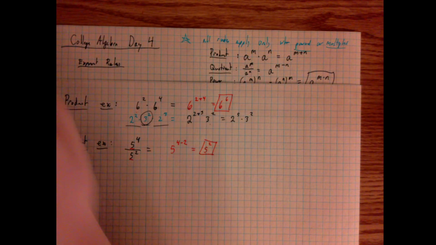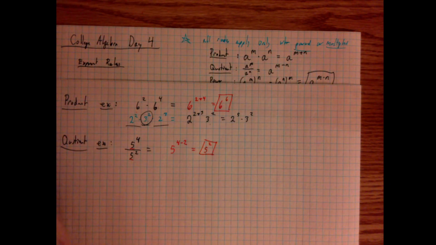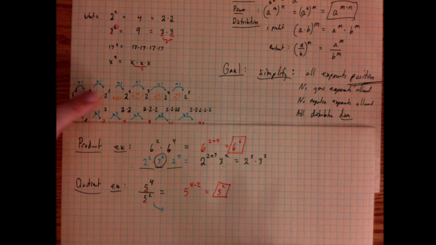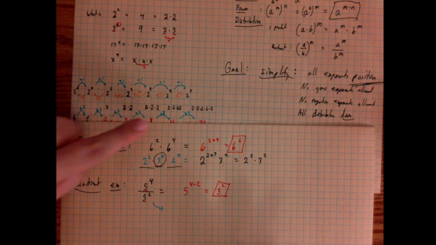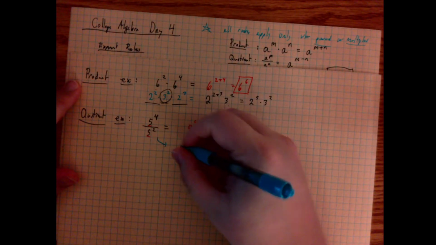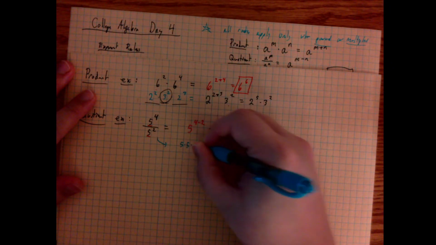Now, how do we know that's right? If you believe the rules, great, but if you don't believe the rules, let me showcase how to do it a different way. This time I do the exact same problem, but now I'm going to use that rewrite property, where I can take a power and rewrite it as multiple different pieces. So let's take a look. 5 to the 4th would be 5 times 5 times 5 times 5.